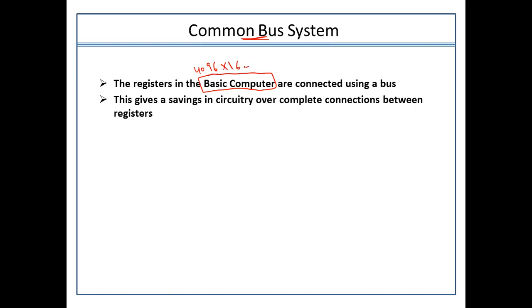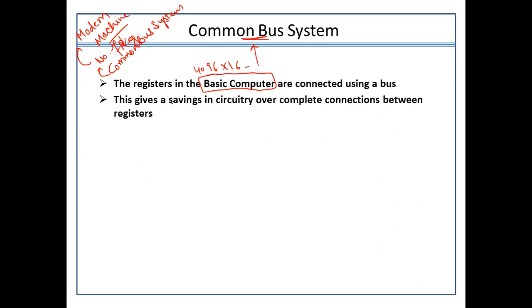If we are using a different configuration, like for modern machines, the configuration will vary, so the number of registers we use in these modern machines will vary. According to this, the construction of the common bus system that we will be designing may also vary. So today we are going to learn only in the context of this configuration.